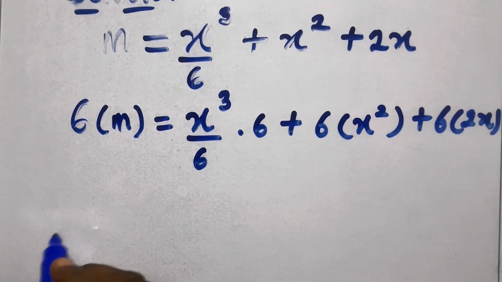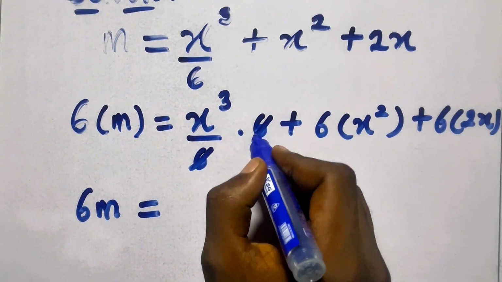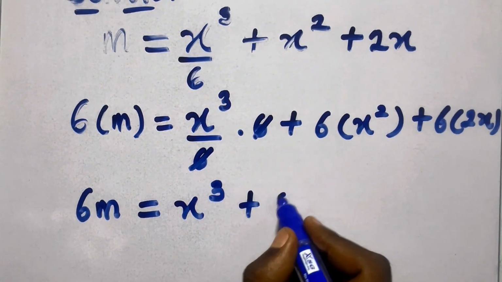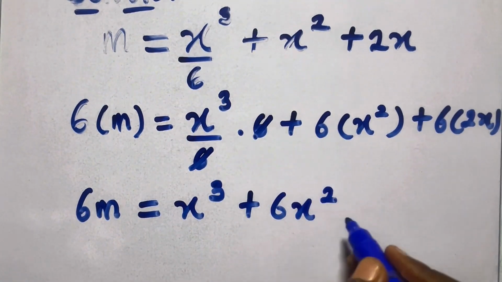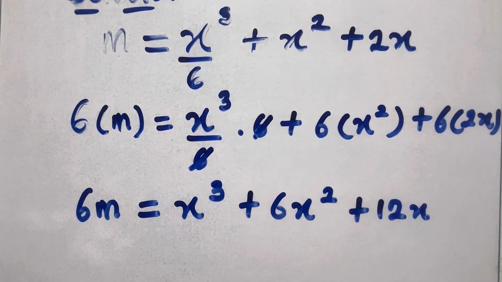So what we will have is 6m equals, this 6 will cancel this, so you have x raised to the power 3 plus 6x squared plus 6 times 2x, which will give us 12x. You observe that this is in linear form now.